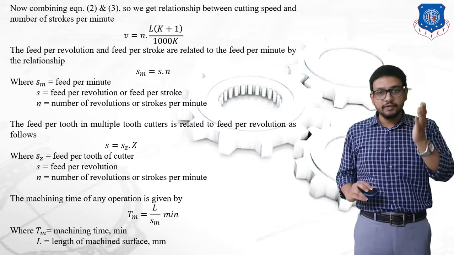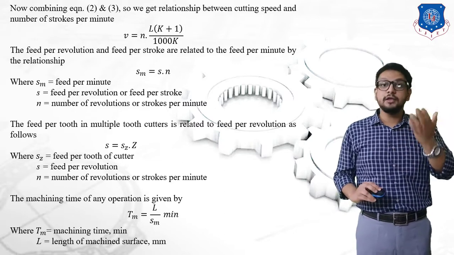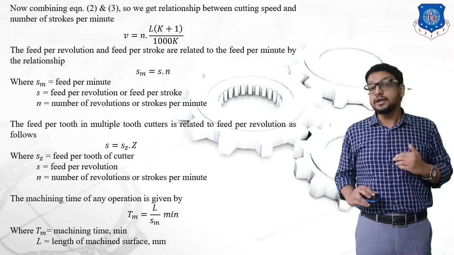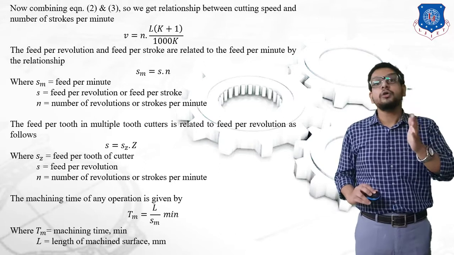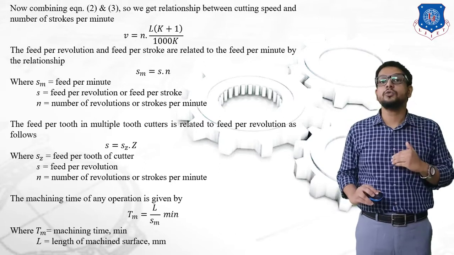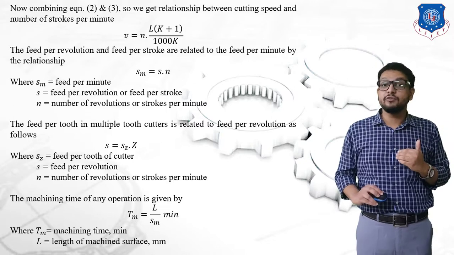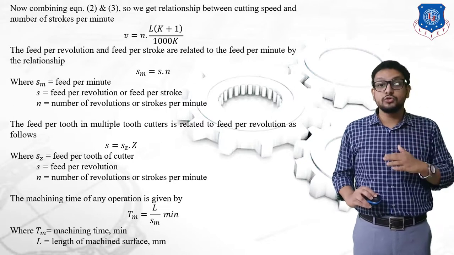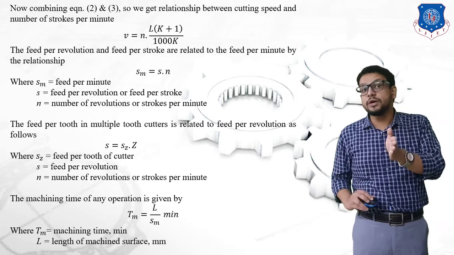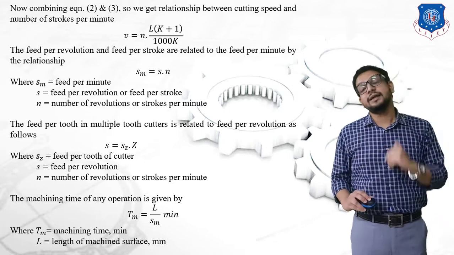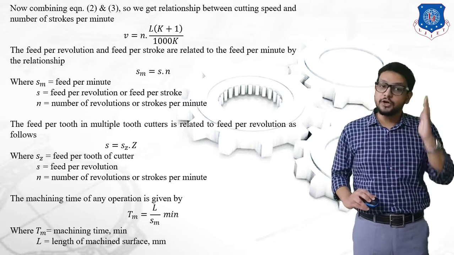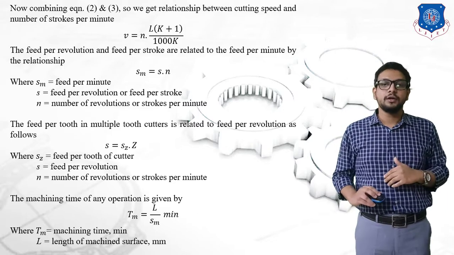While solving numericals, the feed could be given per revolution, so you should know how to convert it into per minute. Similarly, in a milling machine the feed can be given per tooth, so first we convert it into per revolution and then into per minute in order to calculate the machining time.